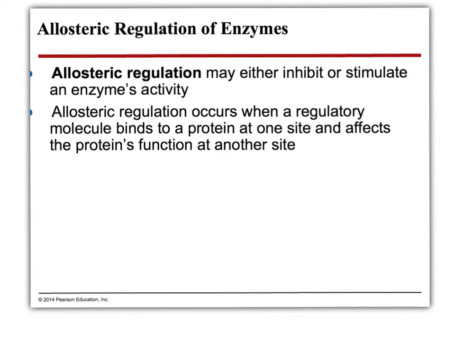What type of inhibition are we talking about here? What type of inhibition is an allosteric regulation? Non-competitive. All right? A competitive inhibition is not allosteric. All right? So an important part of allosteric regulation is that the binding of that inhibitor or substance is not at the active site, but it does control the action at the active site.